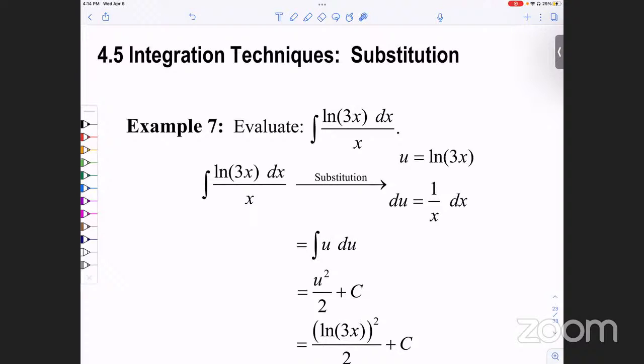Evaluate, okay, substitution. Oh, shoot. So they let u be the natural log of this, right? So then that derivative x. 3x.